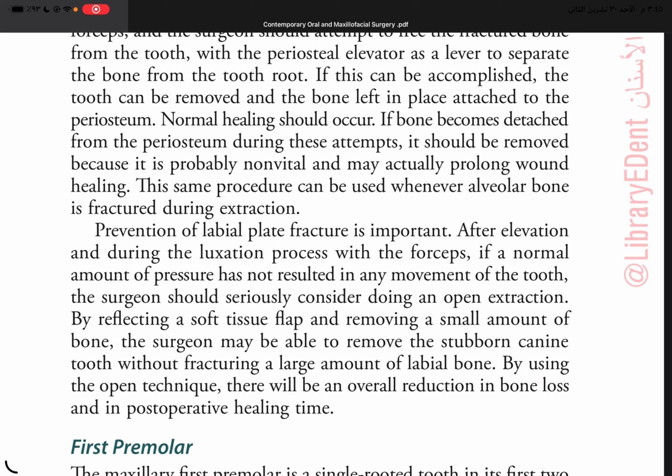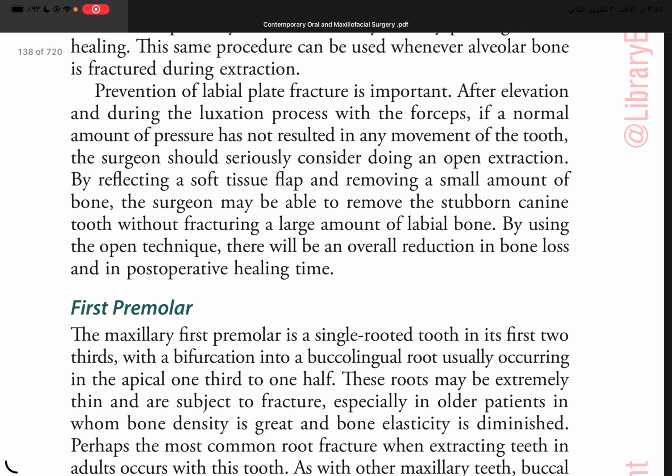The prevention of labial plate fracture is important after elevation and during the luxation process with the forceps. If a normal amount of pressure has not resulted in any movement of the tooth, the surgeon should seriously consider doing an open extraction by reflecting soft tissue flaps and removing a small amount of the bone.